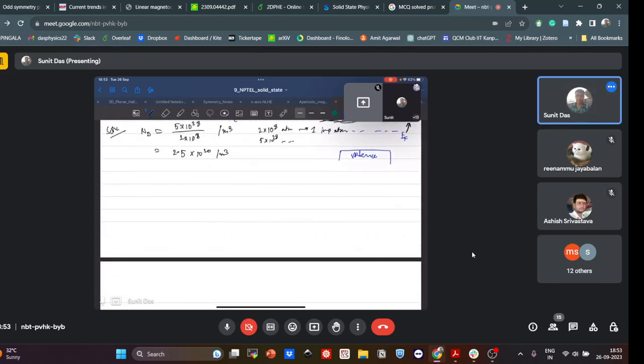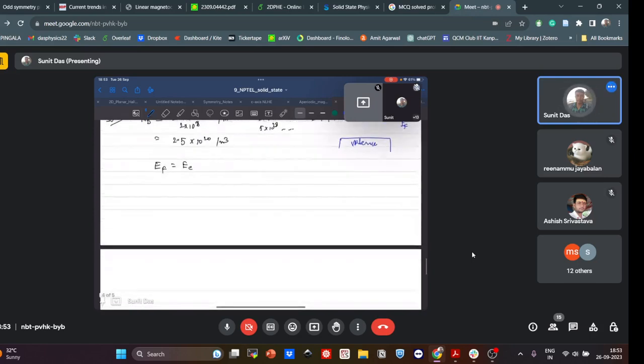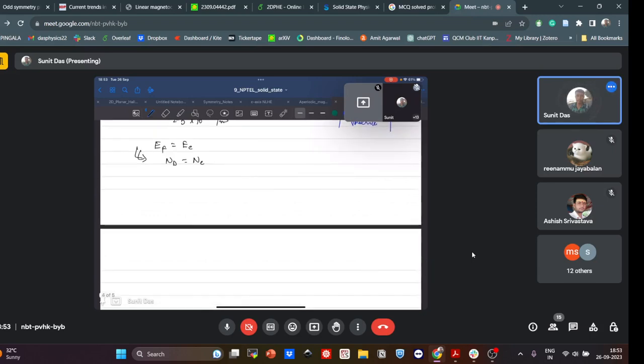Now we need to find the temperature at the condition where the Fermi energy equals the conduction band edge energy. This condition translates into donor concentration equal to the electron concentration in the conduction band, and this Nc has a formula which is 4.82 into 10 to the power 21.